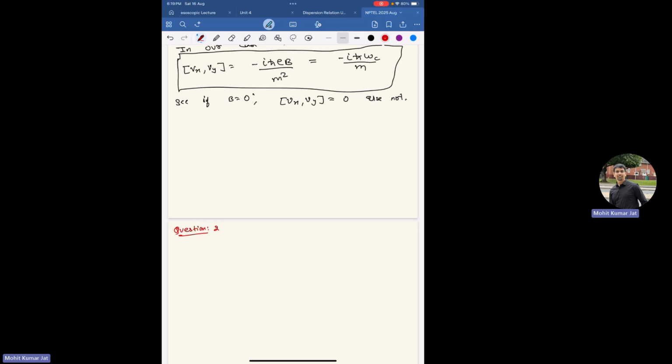Now, all the derivation which I did in the previous class was for the spin non-degenerate system. We did not talk about the spin, but we know the electron has two quantum numbers, one is spin up and another is spin down. What will happen if you have that system and you turn on the magnetic field? How will your Landau level spectrum change? So this question is about that only.